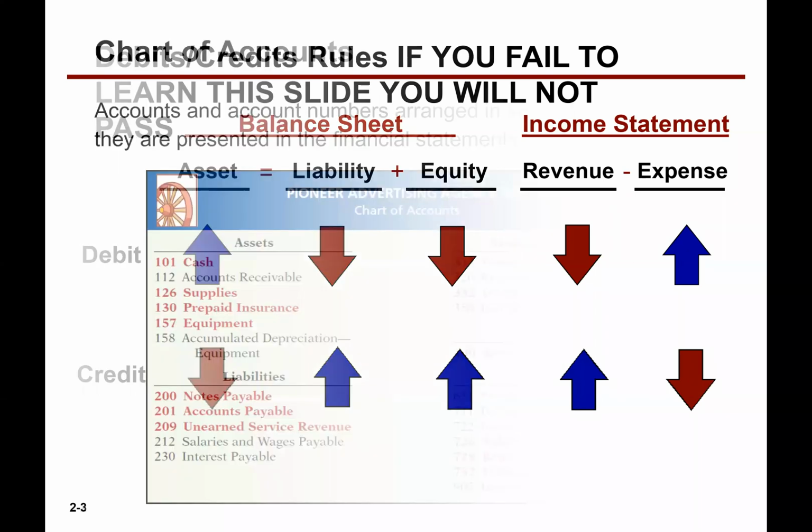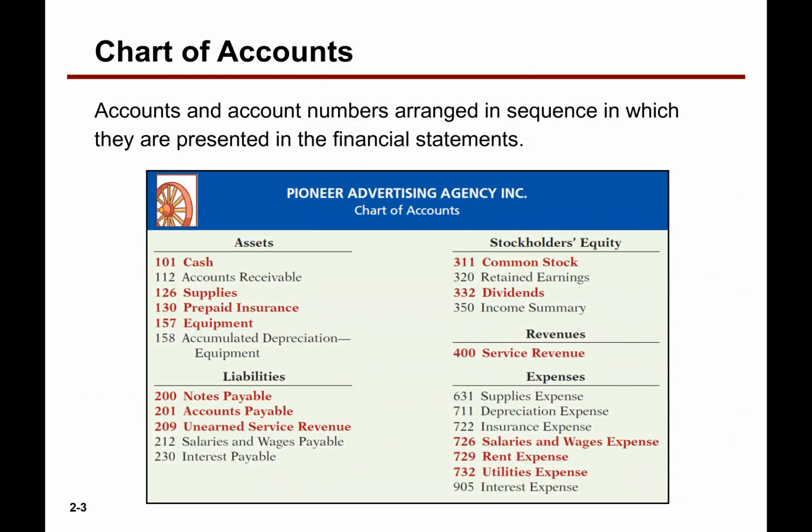Okay, good. It is not enough to know how to increase and decrease these various accounts. You also have to know which accounts are assets, which are liabilities, which are stockholders' equity. Revenues and expenses are pretty easy because they generally have the word revenue or the word expense on them, so that's not too difficult to remember. Again, the reds on this slide mean nothing.